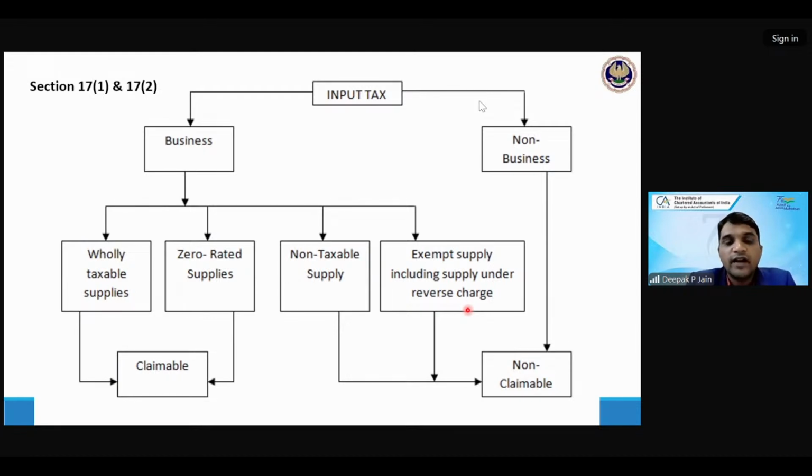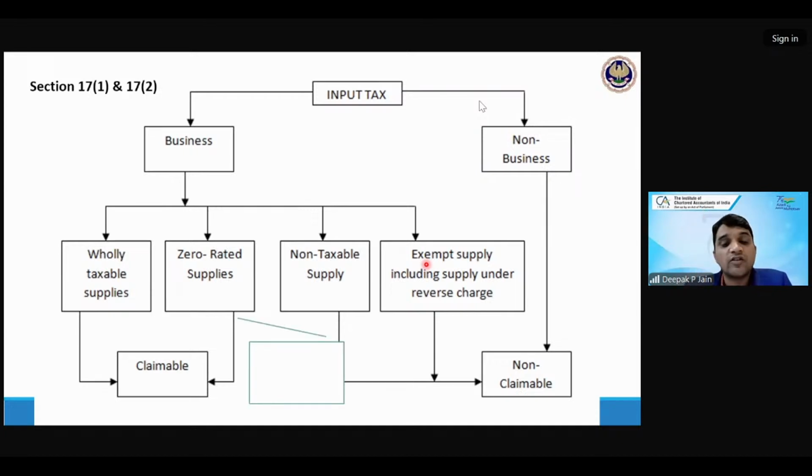So if any organization is buying something and using the input for business purposes, even then, if they are doing any exempt supply, they cannot claim the input tax credit. And for non-business, definitely they cannot. So you have to see taxability, and you have to see if it is for business. If it is non-taxable and not for business, you can't claim the credit.